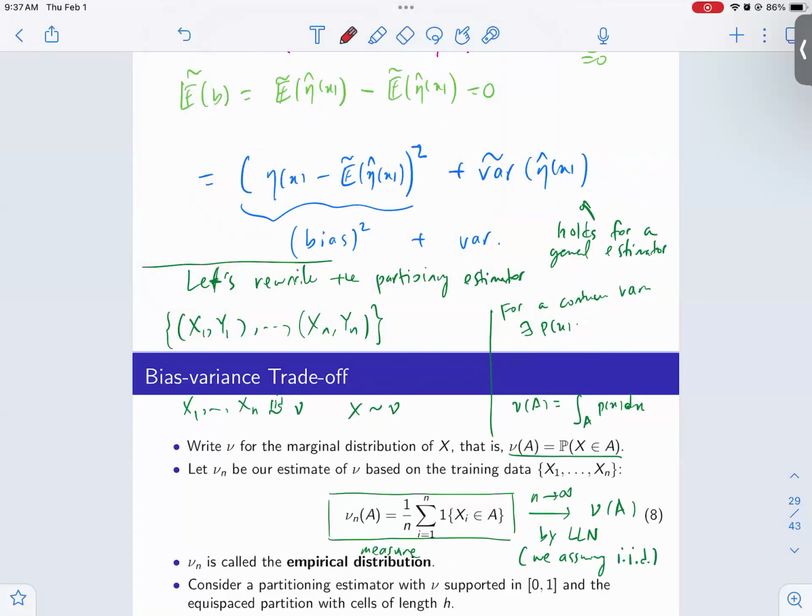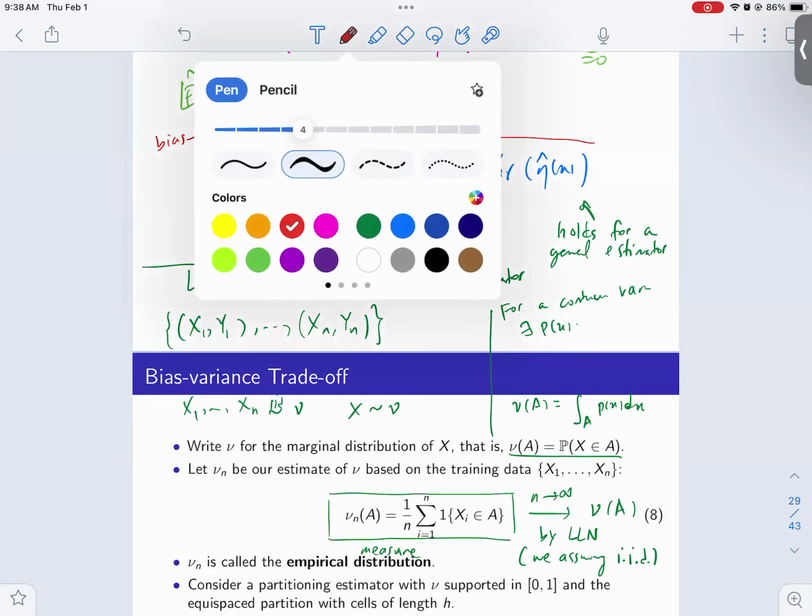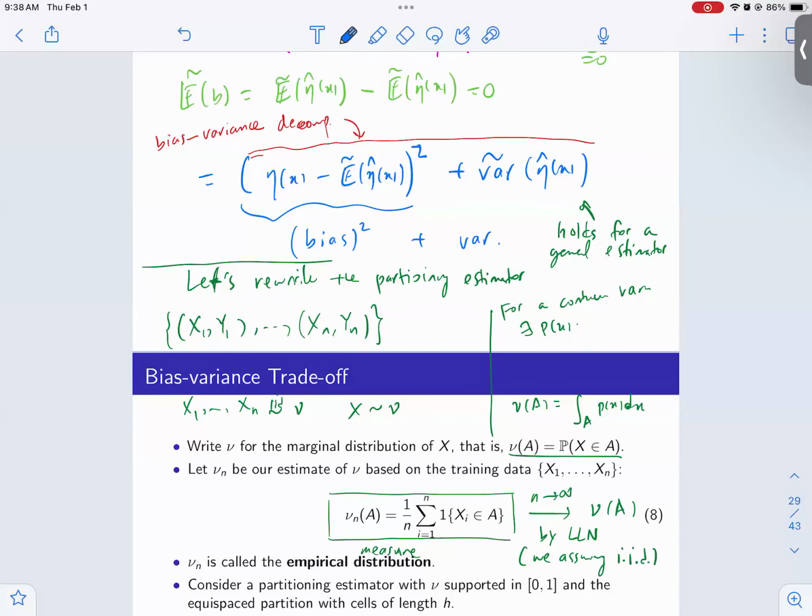It's not a trade-off by itself, but when you try to use this equation to optimize the estimator, it's called the bias variance trade-off.